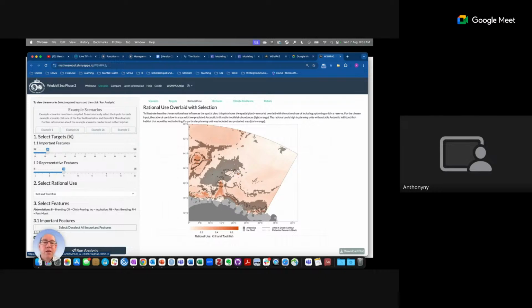You can see the solution here in the darker color, where we said these are the protected areas. It tries to avoid those high cost areas, but it can't always. Sometimes they have to overlap if we need to meet the biodiversity objectives. But people could run this in real time. There's a tab to compare different simulations that they ran.